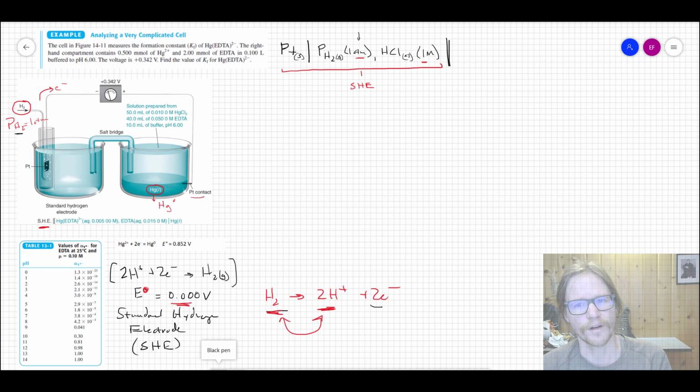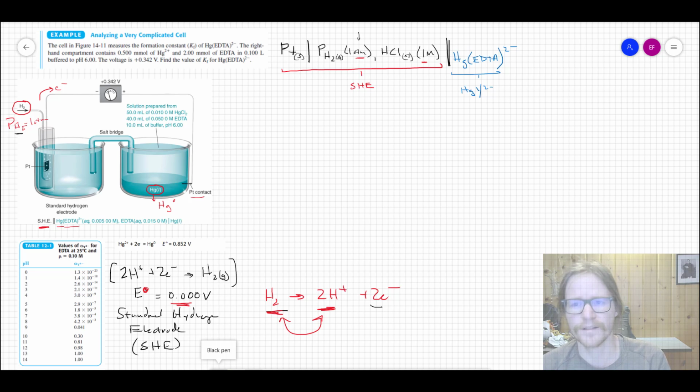The next thing we encounter is the next solution, which contains the complex here, which we'll get to in a second. I'll do this in blue. So we've got our mercury EDTA complex, which is the equivalent here of mercury Y2- that we talked about in the complexation chapter.